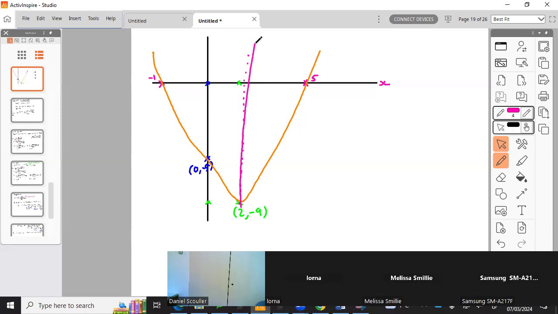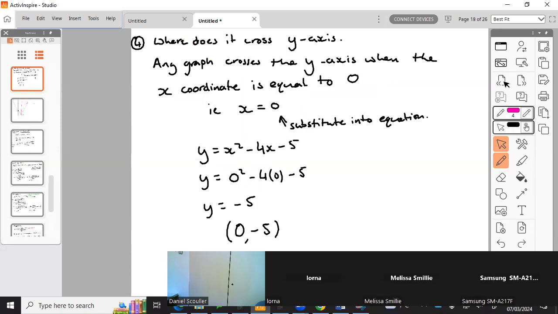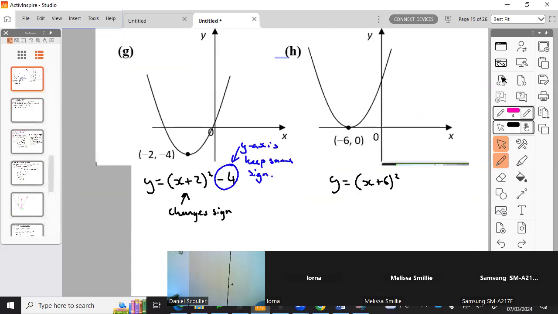So it's the x coordinate of your turning point. The parabola is symmetrical either side of that. So x equals, my axis of symmetry of the one on the left-hand side there is x equals -2. The one on the right-hand side would be x equals -6.